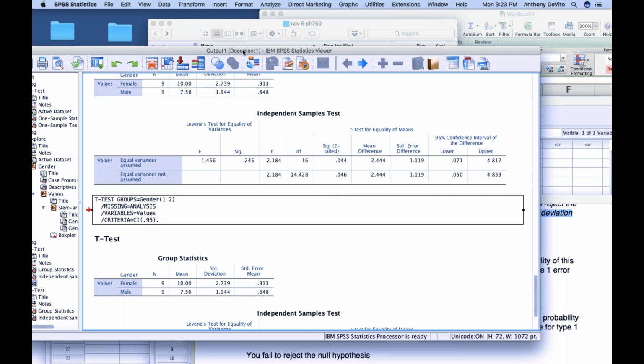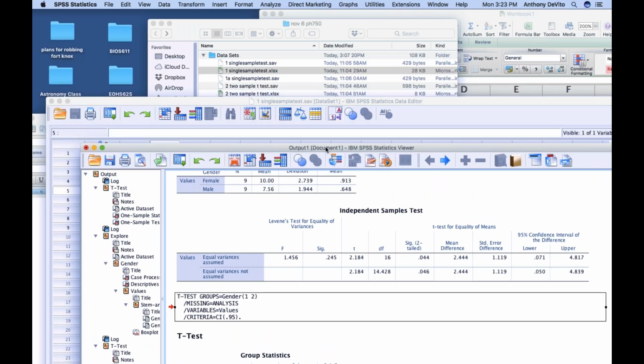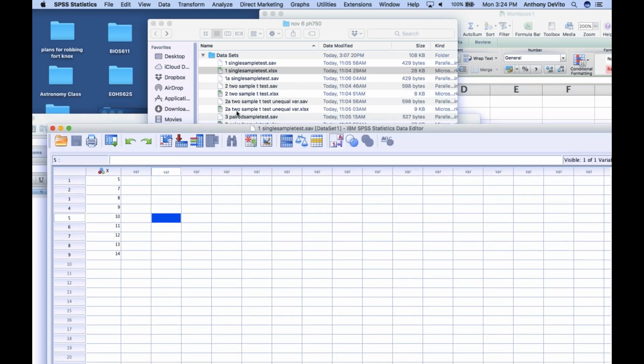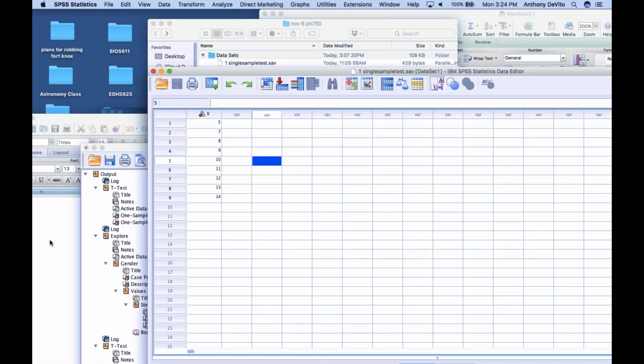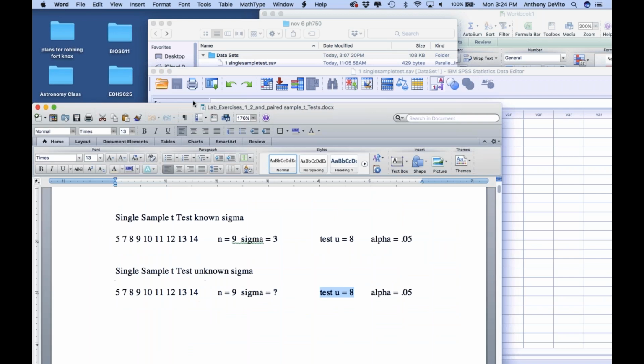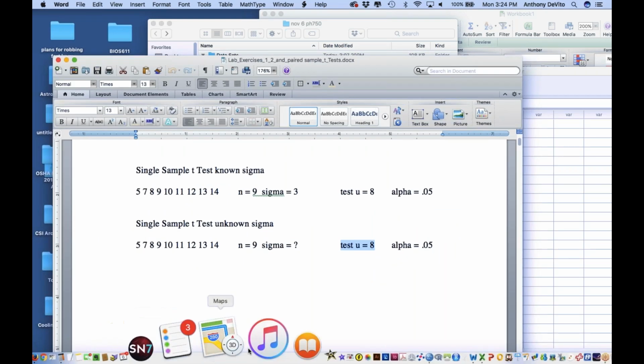Okay, so I'm going to ask you to do another one. Data set number 3, 2 sample t-test number 3. That one says 2A, 2 sample t-test unequal variances, .sav. So we're going to open those up in SPSS.